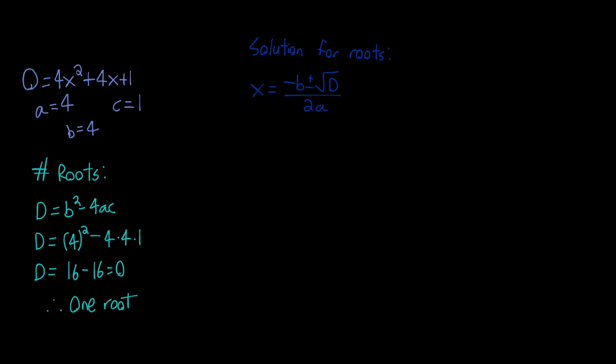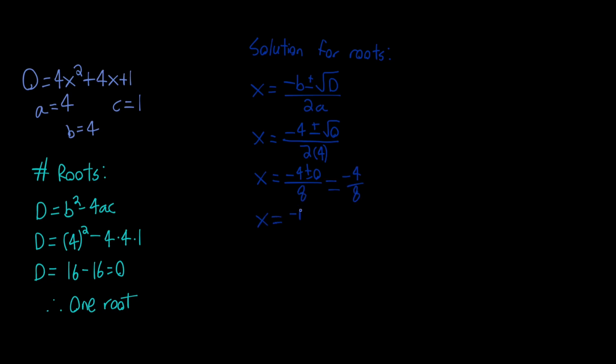Okay? So, proceeding to the solution for the roots themselves, we have x is equal to negative 4 plus or minus the square root of 0 divided by 2 times 4. Well, the square root of 0 is 0, so we're going that it's equal to negative 4 plus or minus 0 divided by 8, or just negative 4 divided by 8.